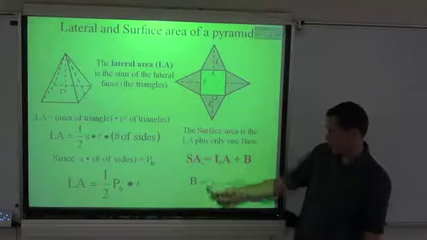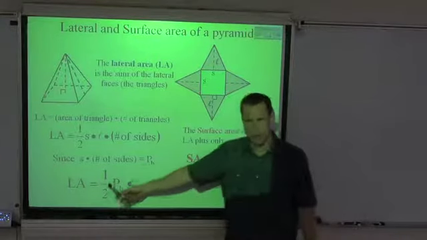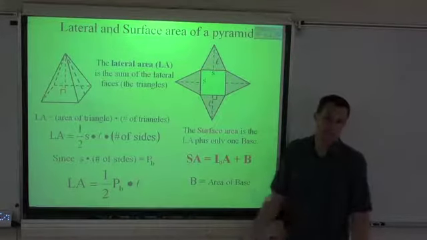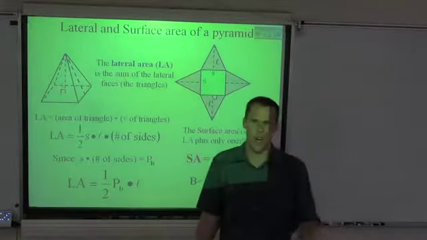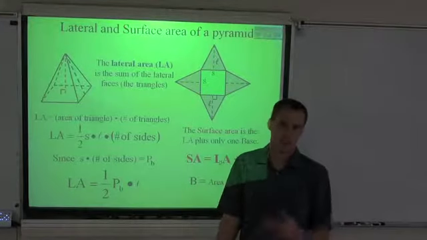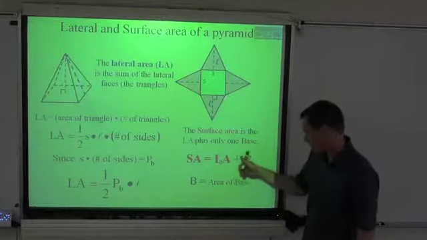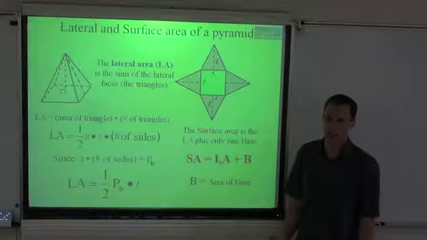So our surface area is our lateral area, 1/2 perimeter of base times slant height, plus one base. Whatever that base is, rectangle, square, circle, triangle, hexagon, we're going to have to find separate formulas to find the area of the base.